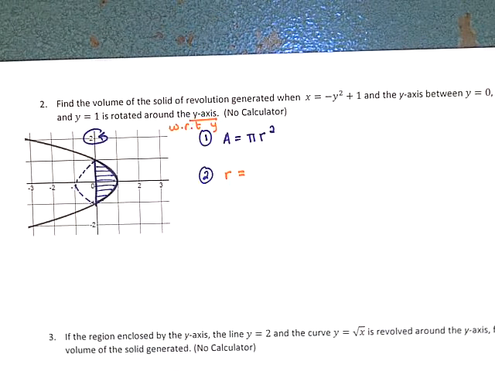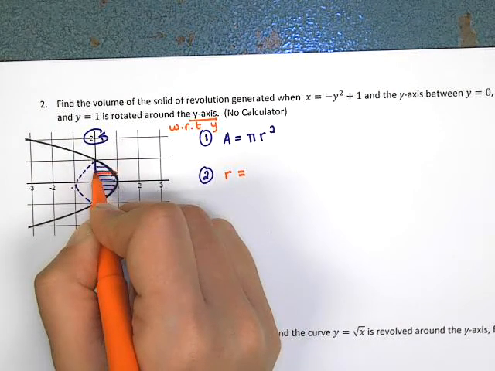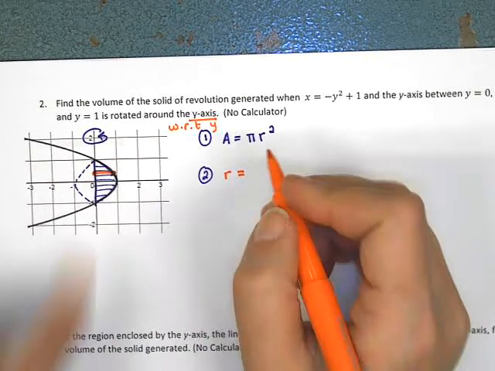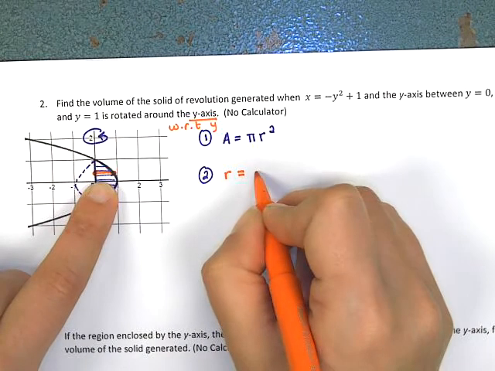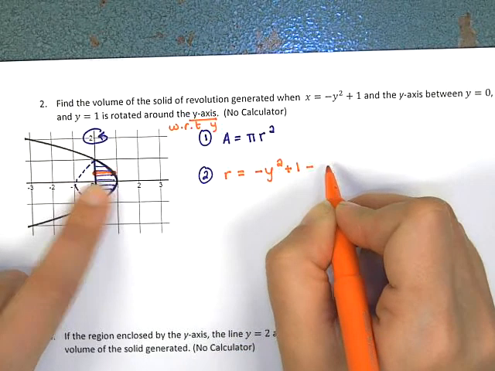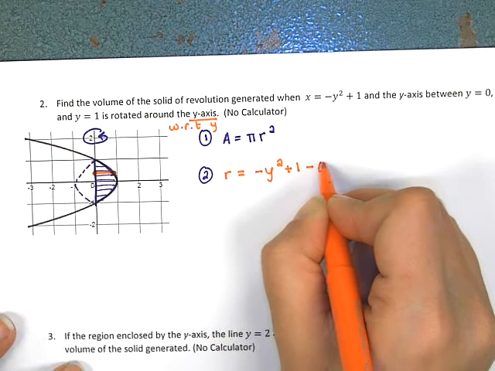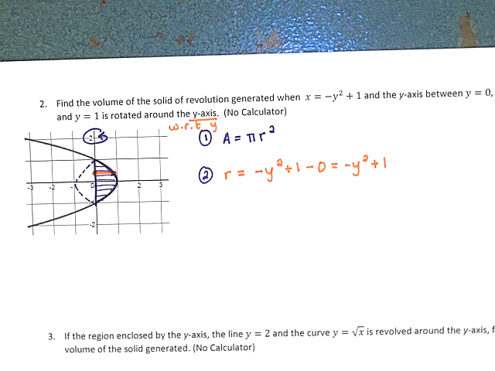So instead of top minus bottom, I would do right minus left to get the radius. Now the right edge of this slice would be on the function negative y squared plus 1, minus the left edge, which would be on 0. So I would have negative y squared plus 1 as my radius.